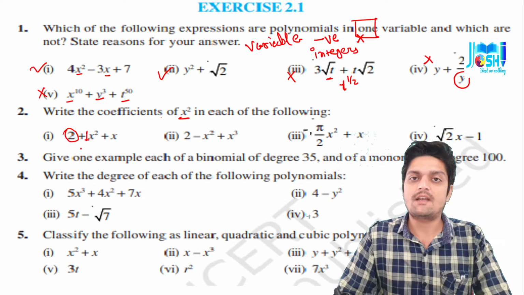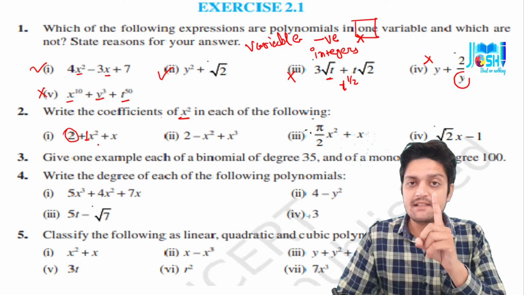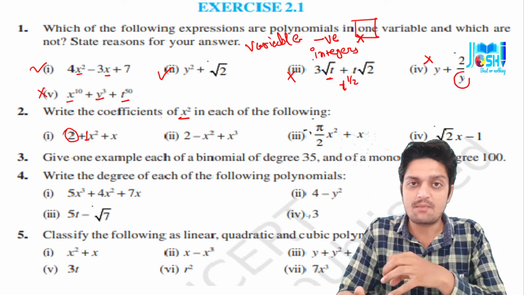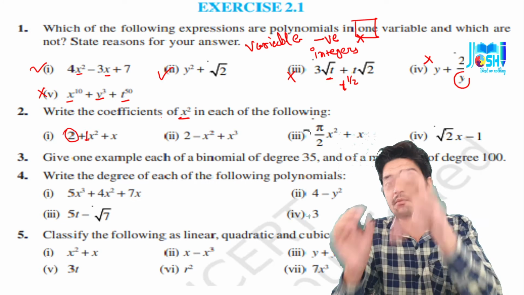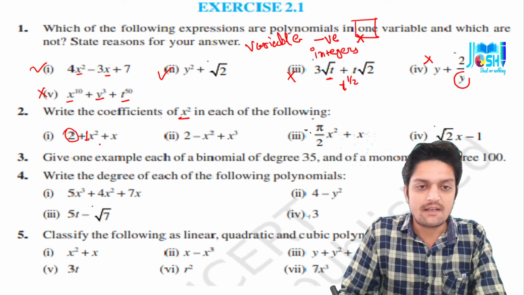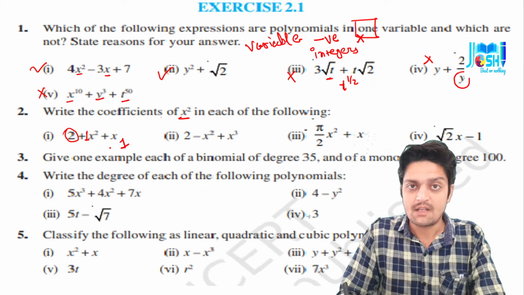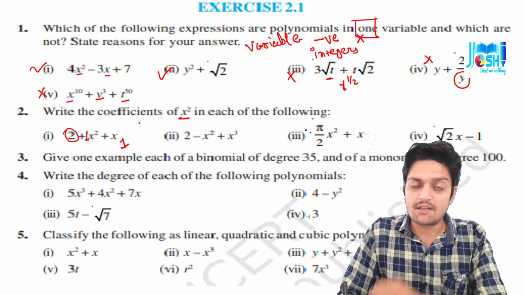You will say, sir, here 0 is the coefficient, but not 0. If nothing is given, then it is 1 everywhere. You have to remember that. One thing you have to set in your mind: if nothing is given, then there is always 1. So x square's coefficient is 1, so the answer here is 1, and it is particularly given that only x square's coefficient we have to consider.